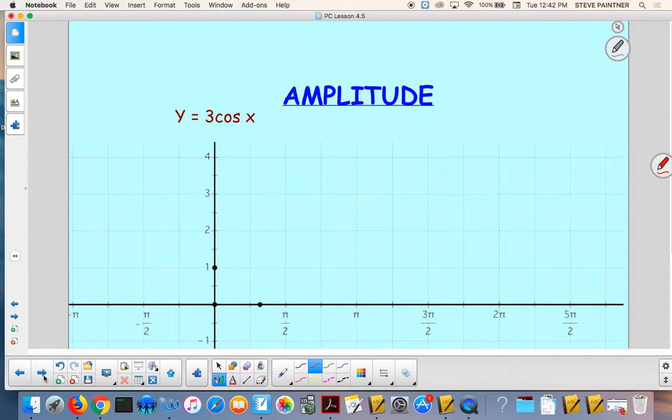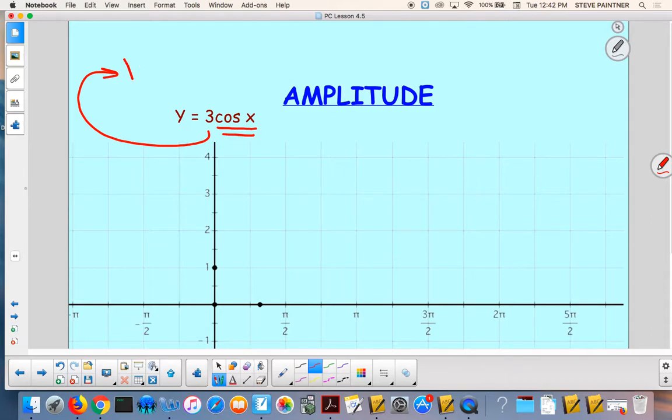Amplitude. Now there's something called amplitude. But the second you see cosine of x, you should think the parent. And you and I just graphed it, by the way. What does this 3 in front of the function mean? Don't say multiply. Don't just say stretch. When you say stretch, you say vertically or horizontally.